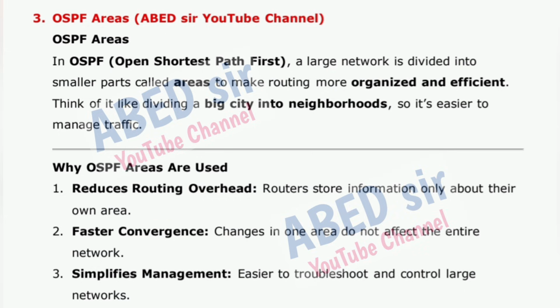Why are OSPF areas used? 1. Reduces routing overhead. Routers store information only about their own area. 2. Faster convergence. Changes in one area do not affect the entire network. 3. Simplifies management. Easier to troubleshoot and control large networks.